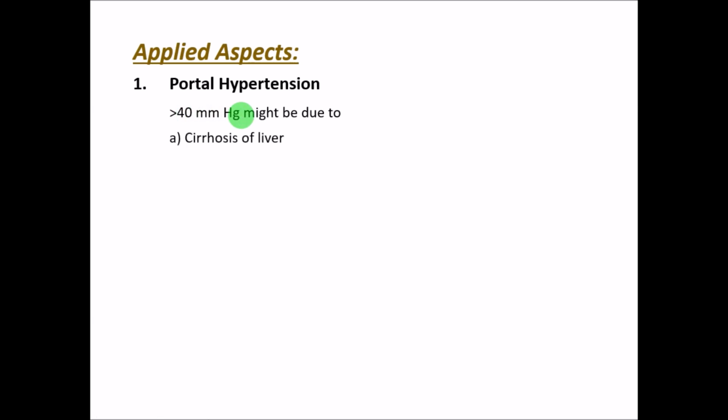This might be because of cirrhosis. Usually the most common is cirrhosis of the liver, or sometimes thrombus formation within the portal vein, or it is coming from some other side and gets stuck within the portal vein and blocks it, which leads to portal hypertension, or sometimes a condition called Banti's disease.